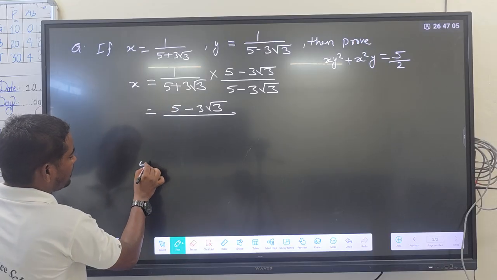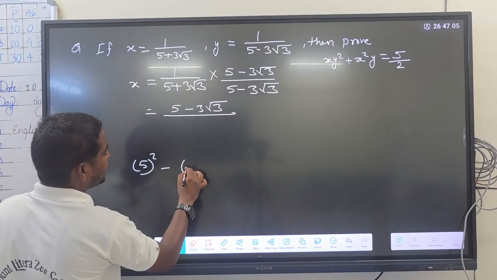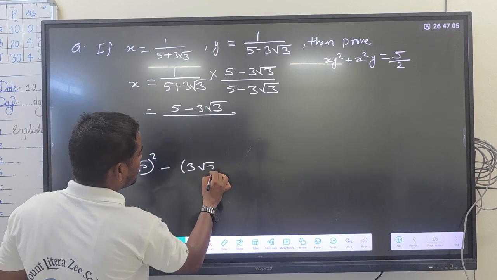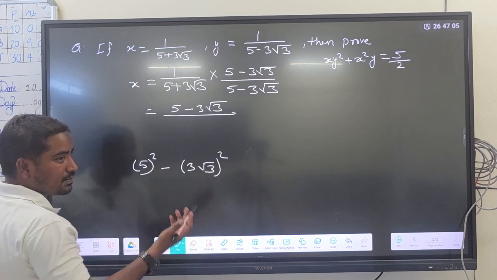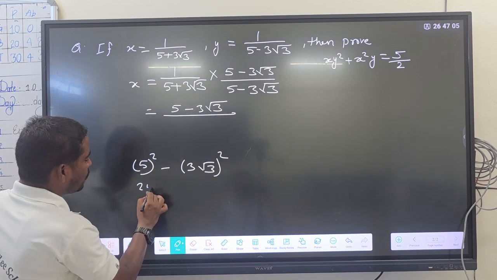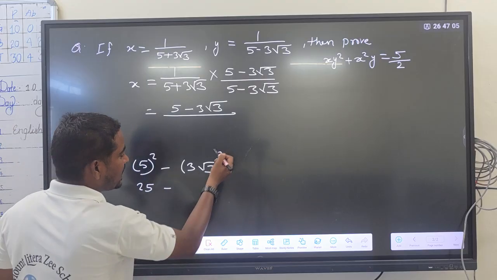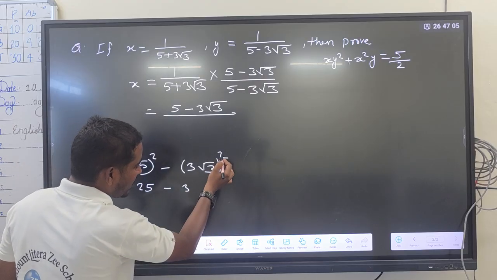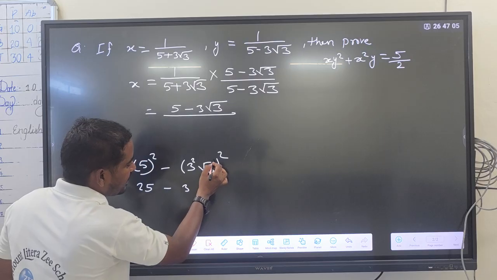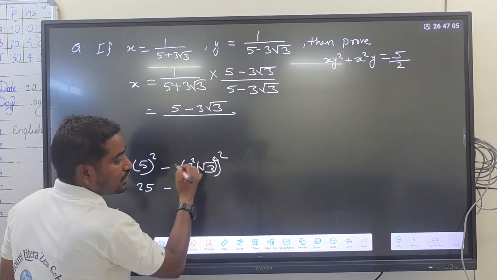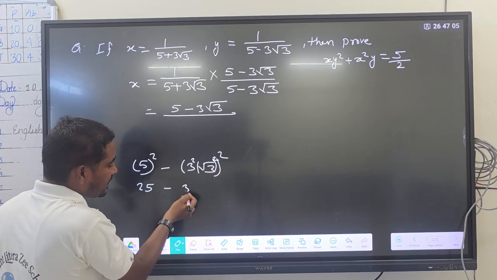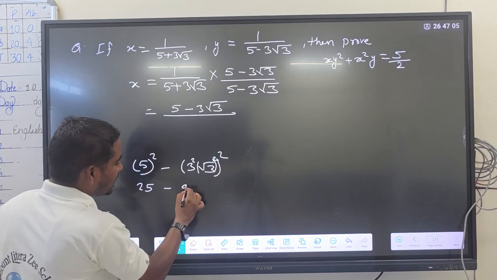Now A square means what? 5 square. B square means what? 3 root 3 square. Now 5 square simply becomes 25 minus, now 3 square means the square is on 3 and also on root 3. When you find the value of 3 square, you get 9.